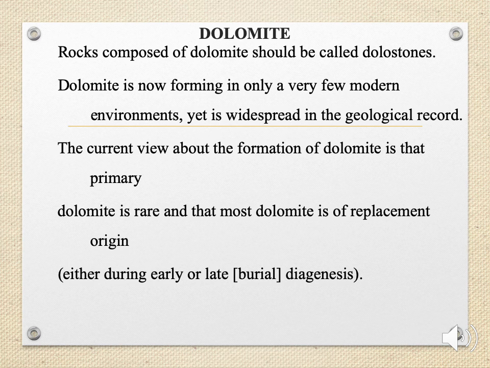Dolomite is now forming only in a very few modern environments, yet it is widespread in the geological record, and this has been a big question for a long time. The current view about the formation of dolomite is that primary dolomite is rare and that most dolomite is of replacement origin, meaning that it came about during either early or late burial diagenesis.